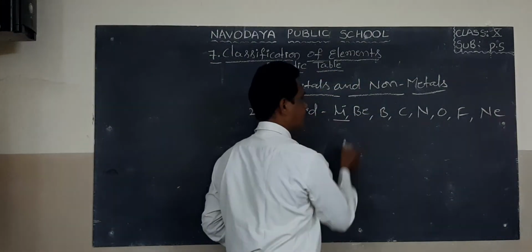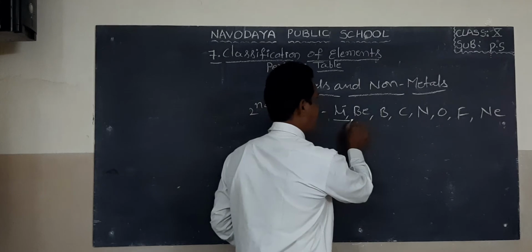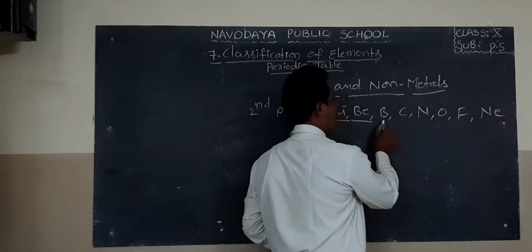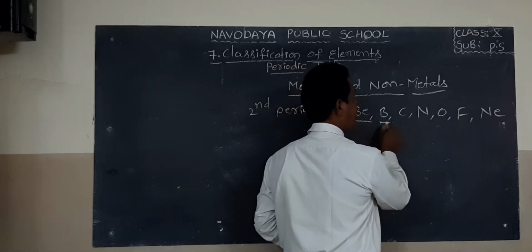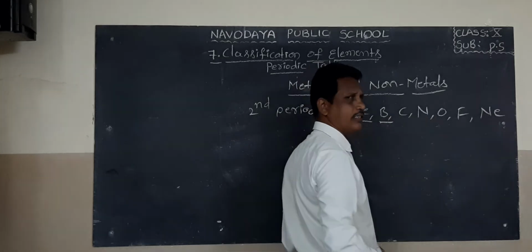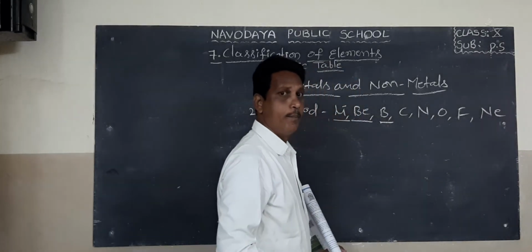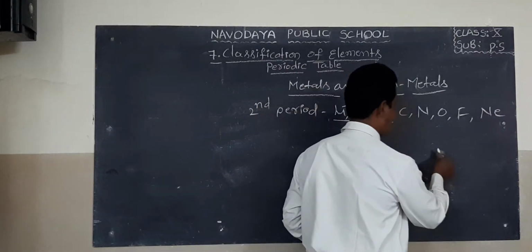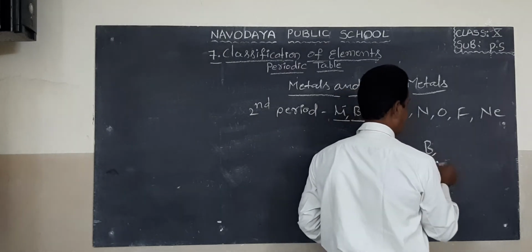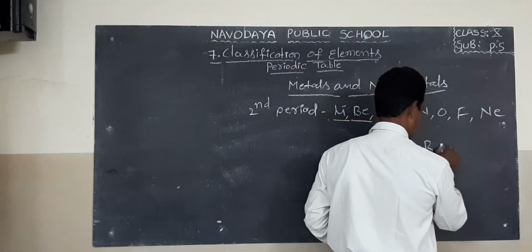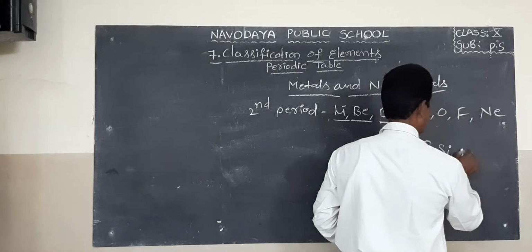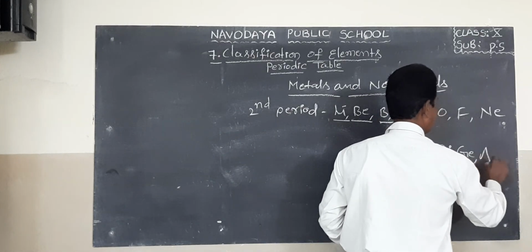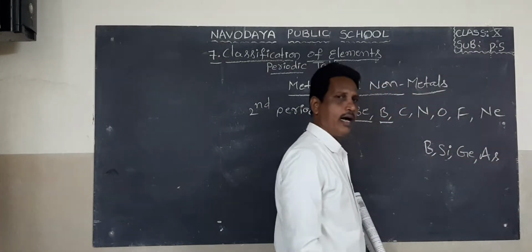Here lithium is a strong metal, beryllium is a metal, boron is intermediate between metals and non-metals. Boron is a metalloid. Metalloids means boron, silicon, germanium, and As, arsenic.